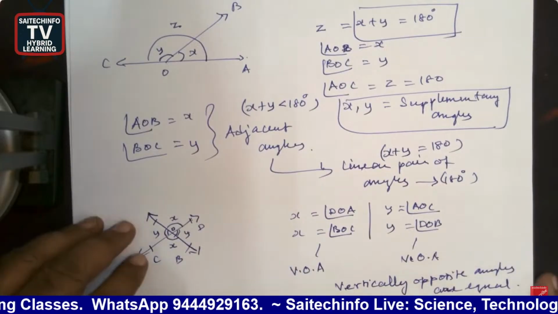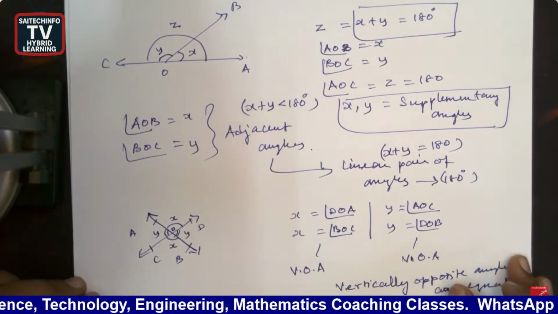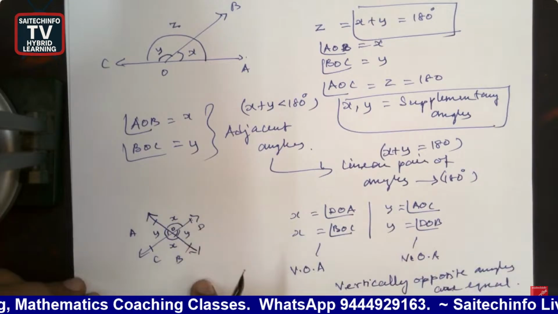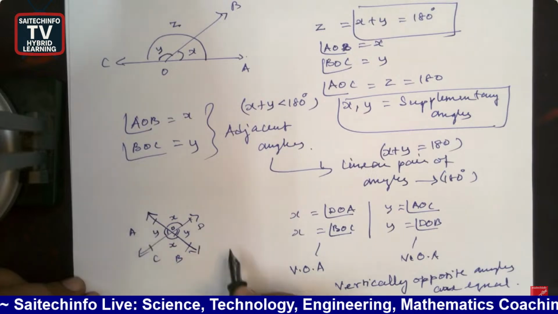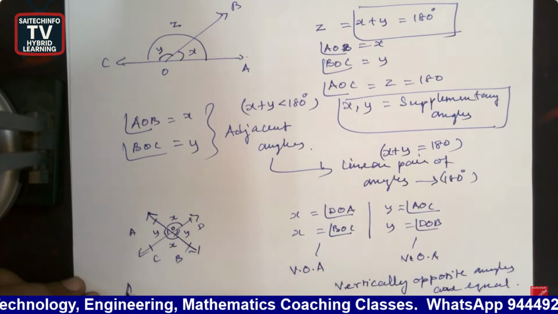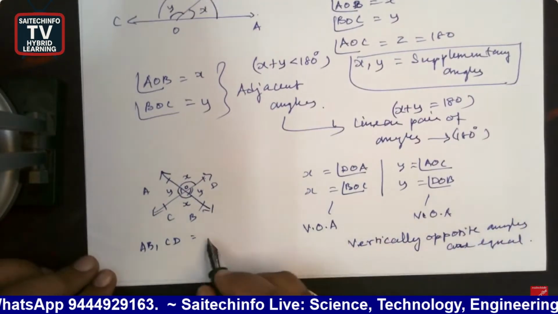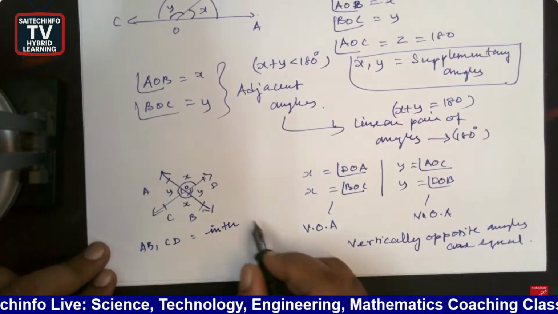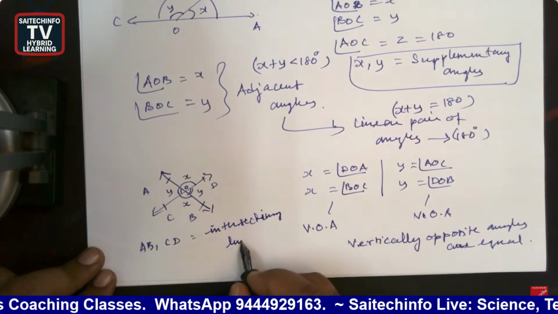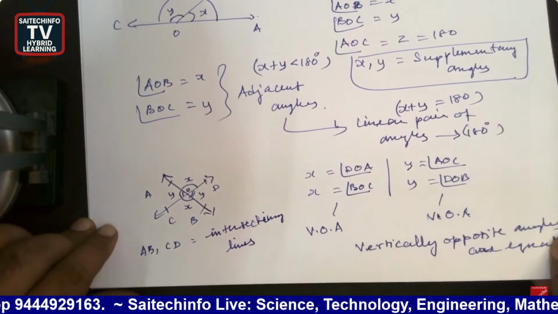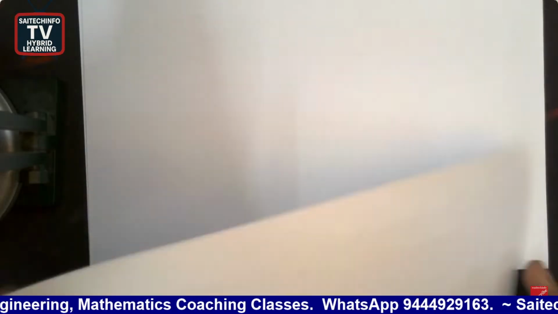Okay. So they are intersecting lines. What are those lines? That is AB and CD. So AB, CD are intersecting lines. If they are parallel, they are called non-intersecting lines.